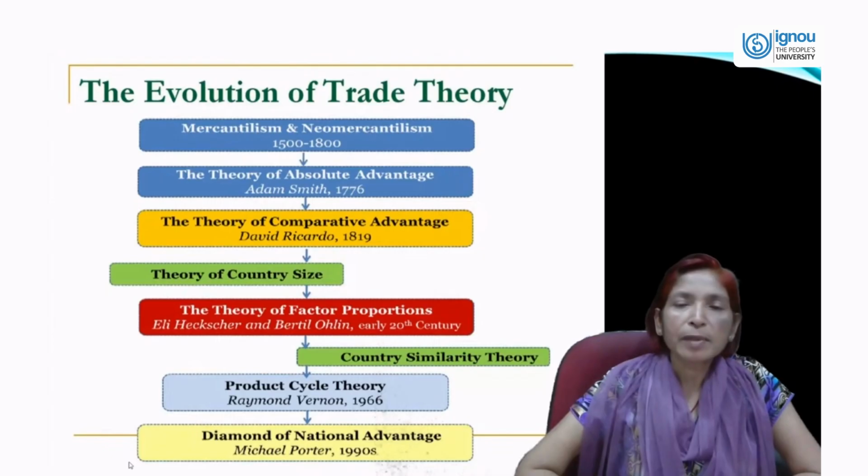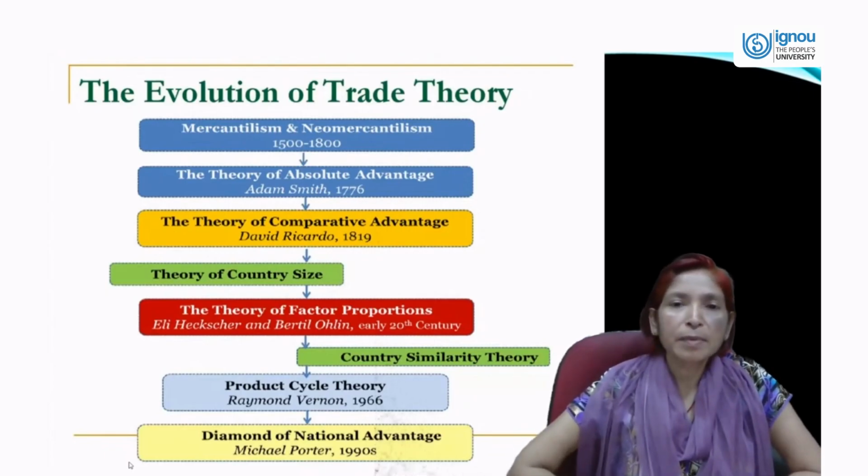We know that Adam Smith is the father of economics, who tells us what economics is, and economics is generally related with wealth or money. So the theory of absolute advantage was developed by Adam Smith in which year? 1776. And the theory of comparative advantage was developed by David Ricardo in 1819.